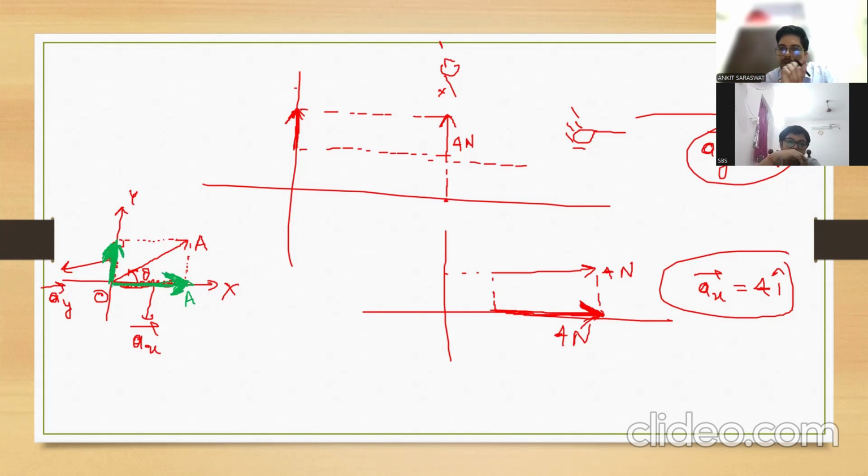If this is a vector A making an angle theta, and I want to know the projection on the x-axis, then you drop a perpendicular.